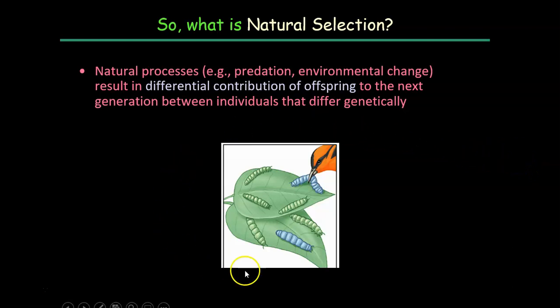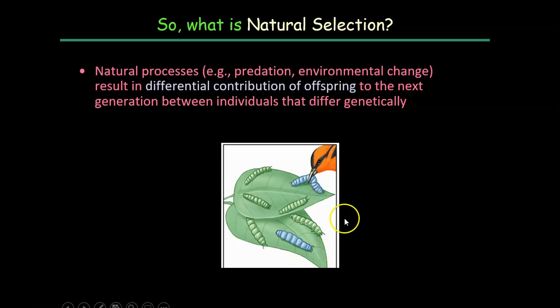The cartoon kind of illustrates that. All these caterpillars are supposed to be of the same species, multiple parents. The parents that had the genes for offspring that are green are going to be more camouflaged, whereas those that have offspring that are blue are going to get picked off by the birds, and therefore they're not going to make it. Well, guess what?